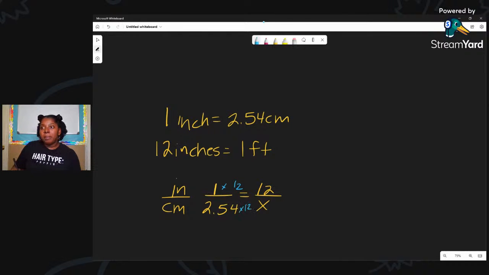So 2.54 times 12, you're going to get 30.48. No, you shouldn't be getting anywhere close to 95. Not for 1 foot. Remember, 1 foot is 12 inches.